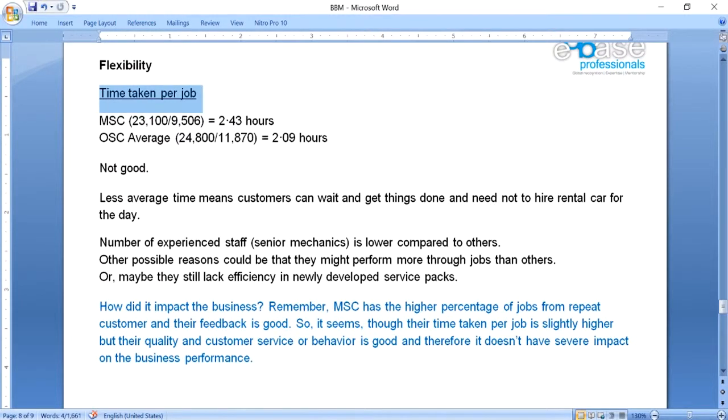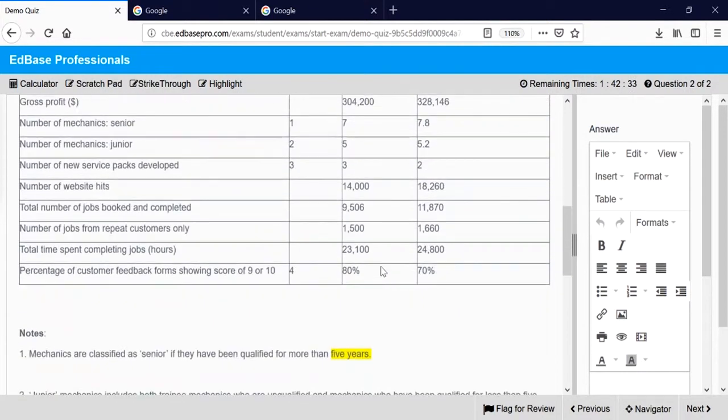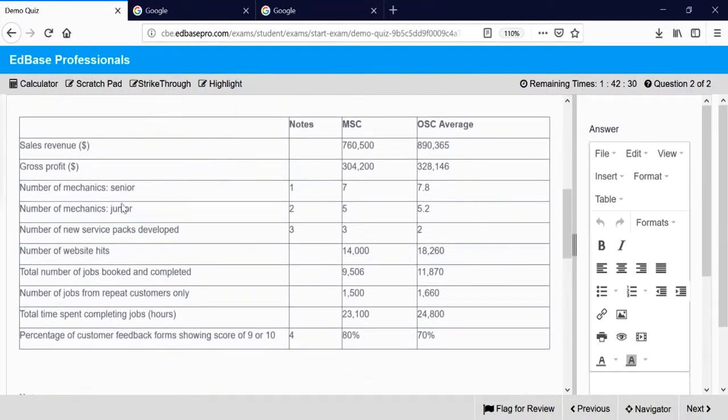Okay, now the thing is why it's not good. So you have to state the reasons. So in my point of view, from the information we can say the average number of senior mechanics is 7 for MSC and OSC's average is 7.8. That means we have a slightly lower number of senior mechanics here.